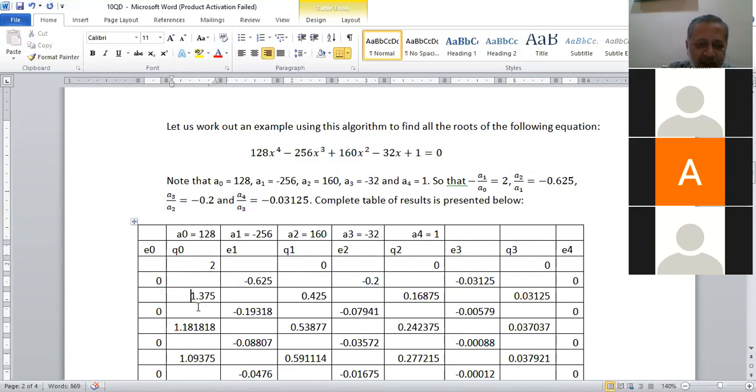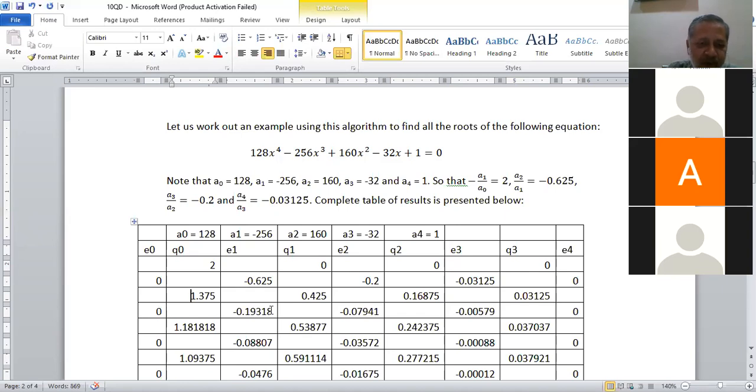Now I have to write this value. This Q value is the right value of E minus the left value of E plus the previous value of Q. The next value of Q is the right value of E minus the left value of E plus the previous value of Q, and so on.